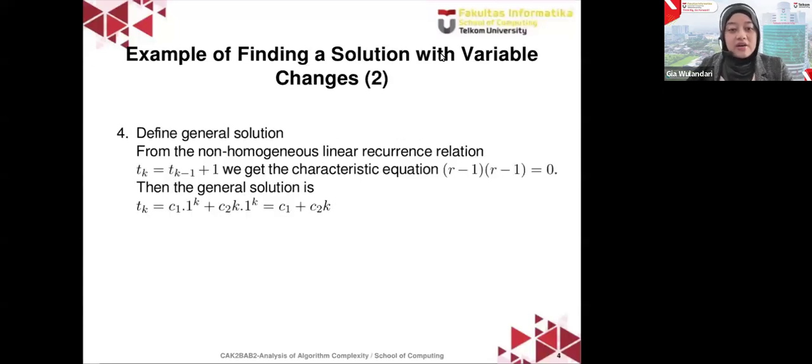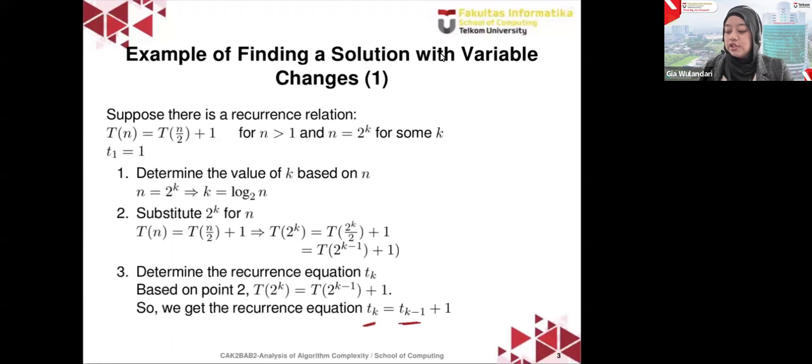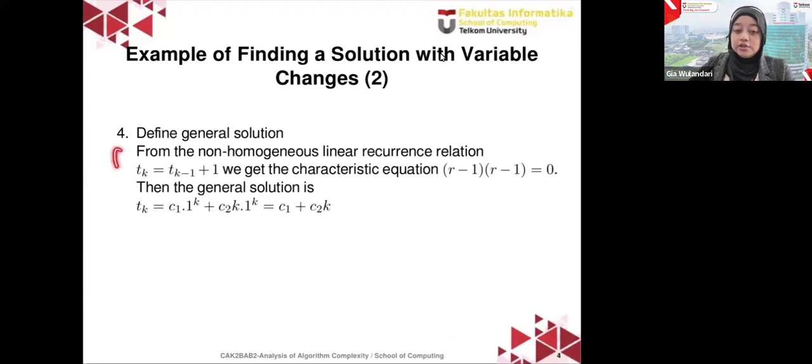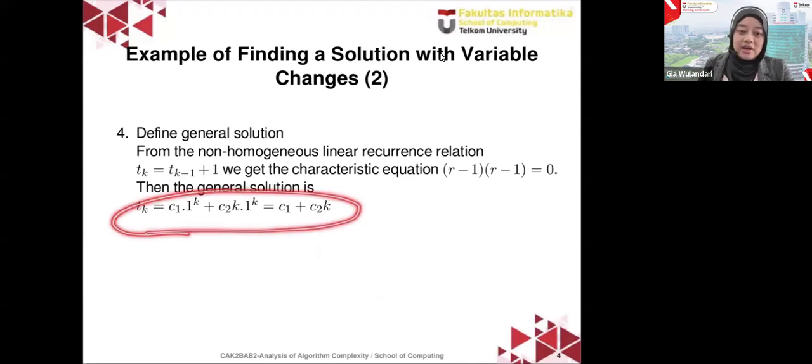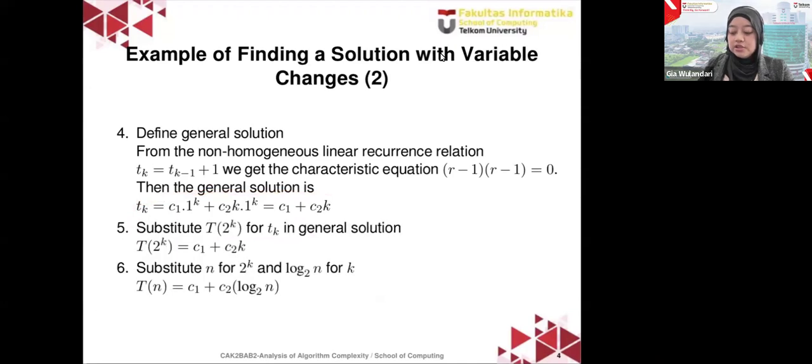Then after that, we can just use the usual non-homogeneous linear recurrence relation technique, because this is non-homogeneous. So we will use what we learned last week to find the general solution. After that, we need to substitute it back to Tn.